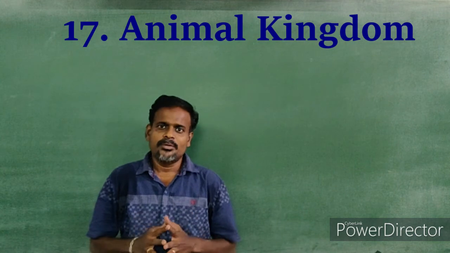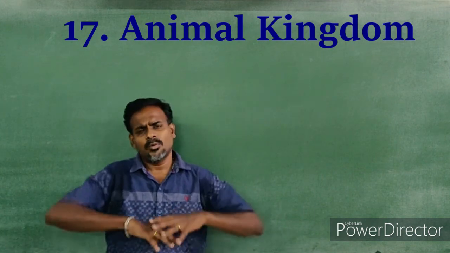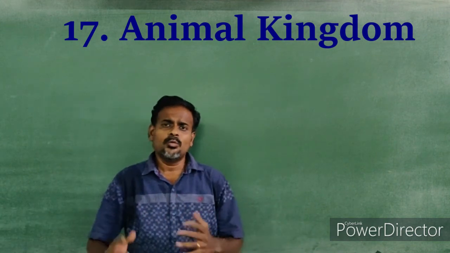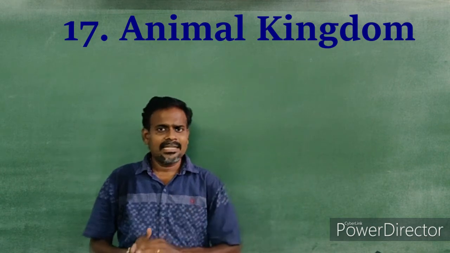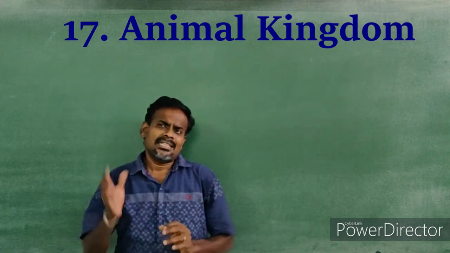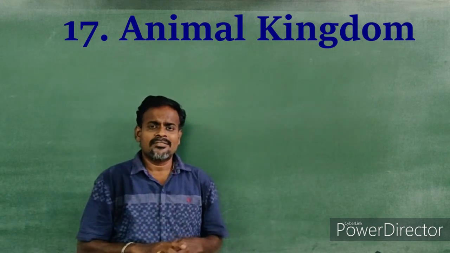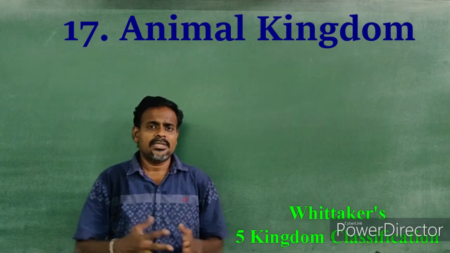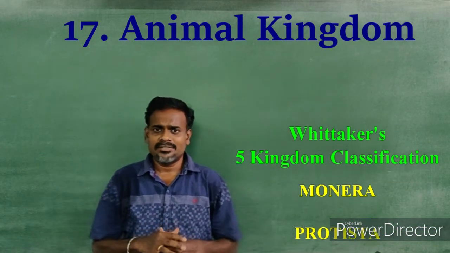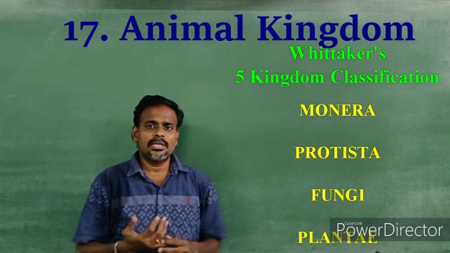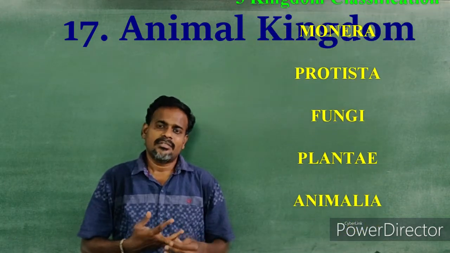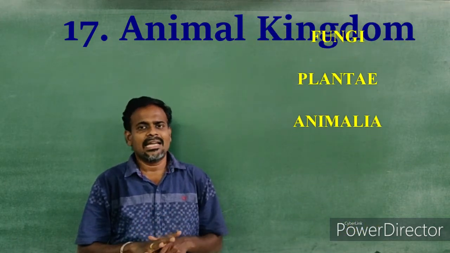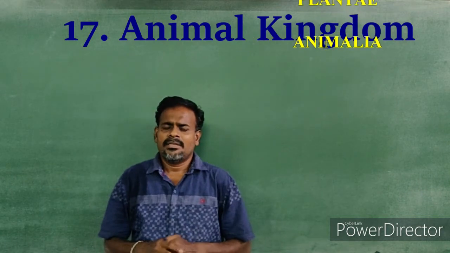By this time, you should know that living organisms are classified into 2 main groups, plants and animals. But there is a classification known as Whittaker's 5 kingdom classification, which classifies living organisms into 5 divisions, and that's why it is known as 5 kingdom classification, which includes Monera, Protista, Fungi, Plantae and Animalia.